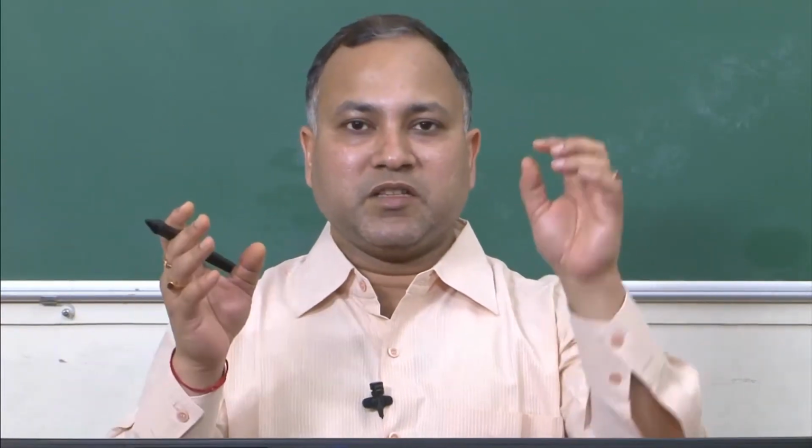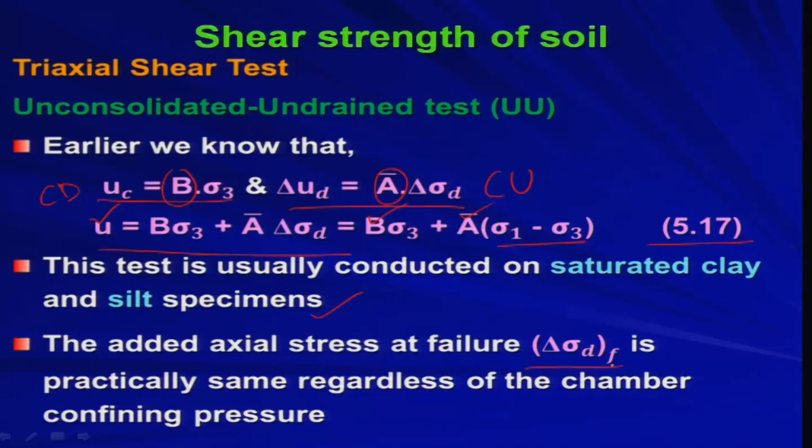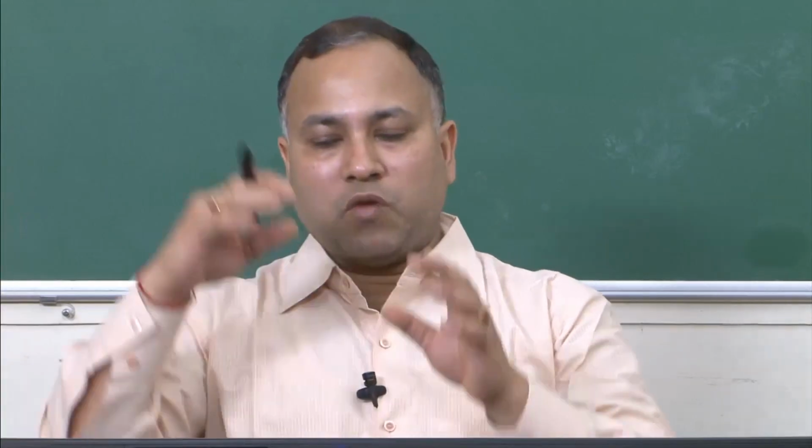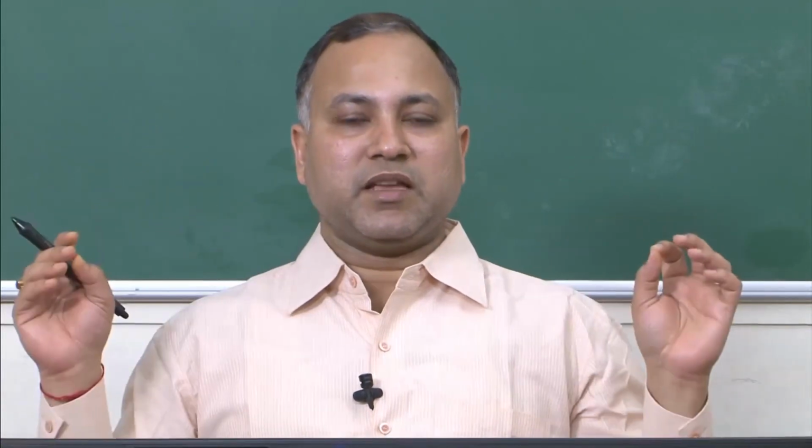So the difference between the major and minor principal stress at failure is nothing but Δσ_d, and that will remain the same regardless of the chamber confining pressure. As you go on increasing the chamber confining pressure, your σ1 at failure will also automatically increase. Whatever you do, the difference between these two will remain the same. We will see that.